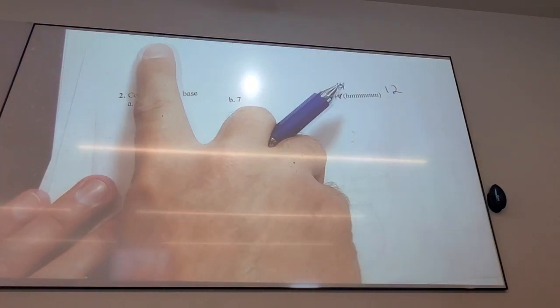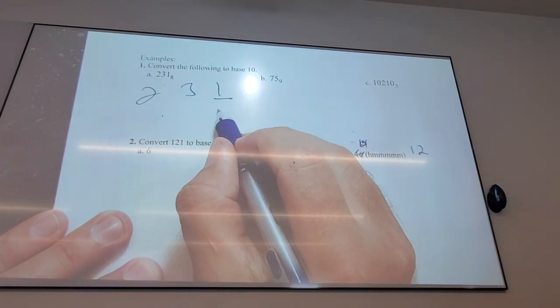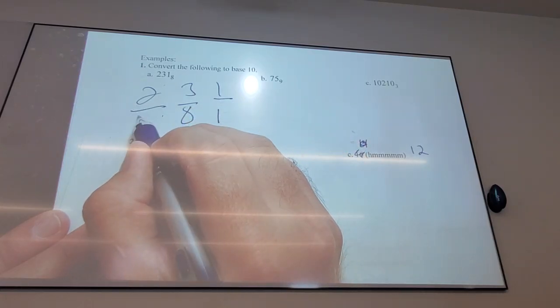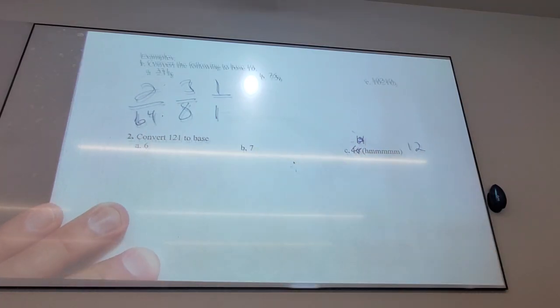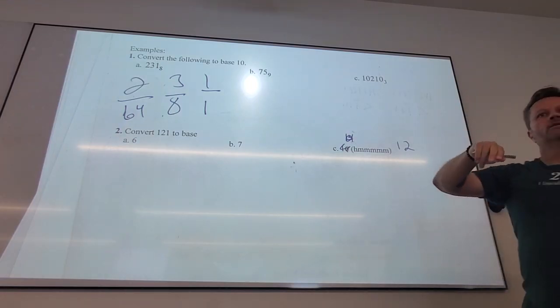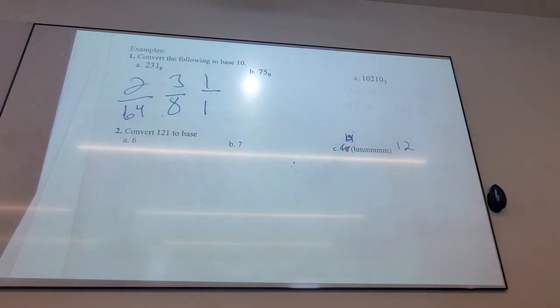If I know it is in base 8, then what place is the 1 in? 1. What place is the 3 in? 8. What place is the 2 in? 64. And then I just have 2 64s plus 3 8s, yes? So when you go from a different base to us, it should be multiplying. When you go from us to something else, it should be dividing, subtracting.